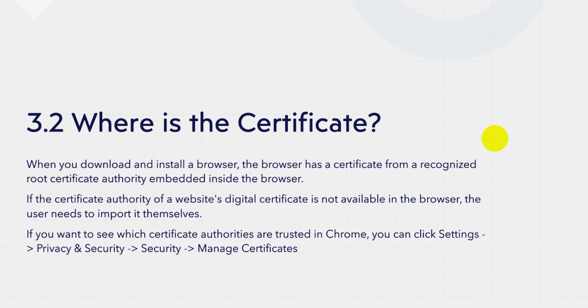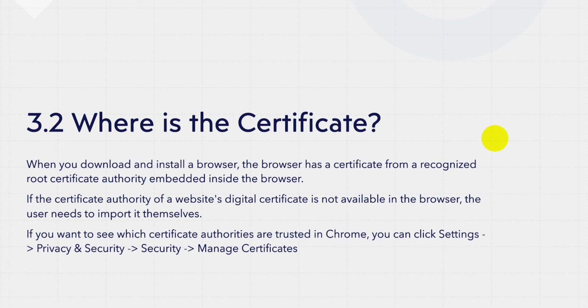Where is the certificate? We looked at it already. When we download and install a browser, the browser has certificates from recognized root certificate authorities embedded inside it. If the certificate authority of a website's digital certificate is not available, then the user needs to import it themselves.